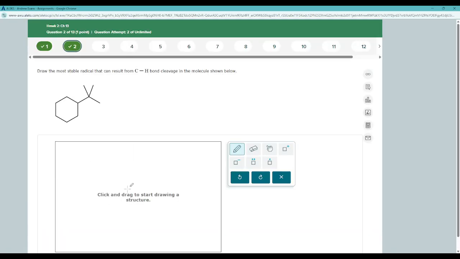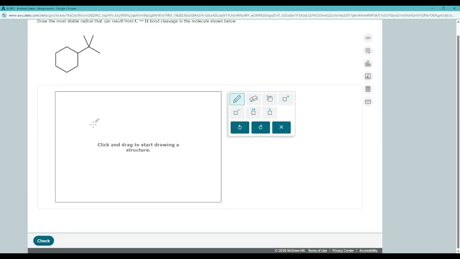See if I have another one. So this one, I'll do another one. So remember, we're only cleaving CH bonds. If you're going based on, well, this guy would be the most stable. Wouldn't a quaternary be better than a tertiary? Well, sure, if you could do that, but you couldn't do that without losing a methyl group, and we're only allowed to cleave CH bonds.